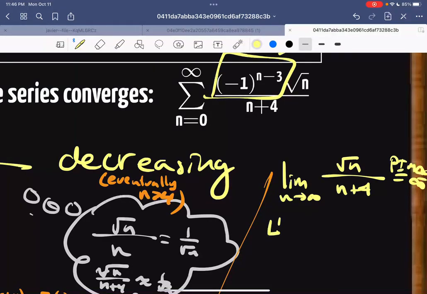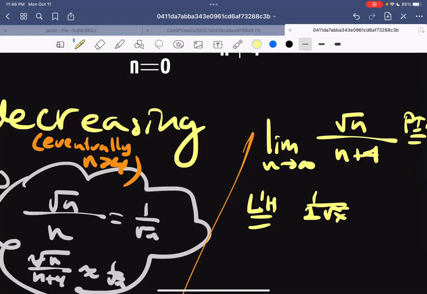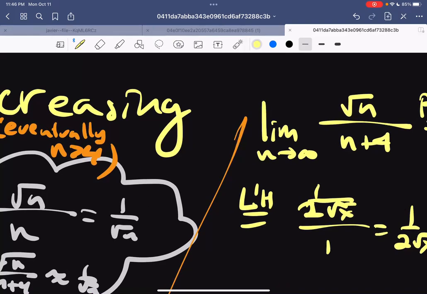So then I try the L'Hopital method, that gives me 1 over 2 square root of x, all over 1. I can change all this to x's, by the way. And that's equal to 1 over 2 square root of x. And now I'm taking the limit here as x runs towards infinity.